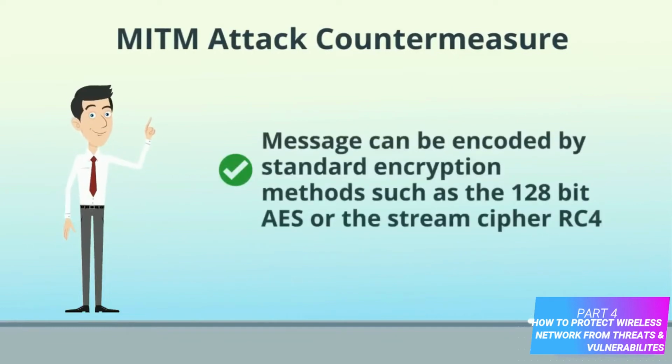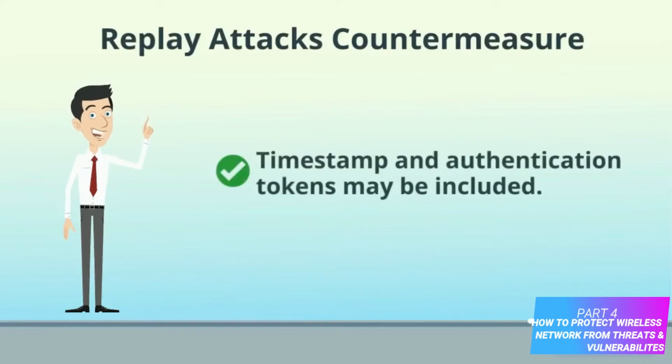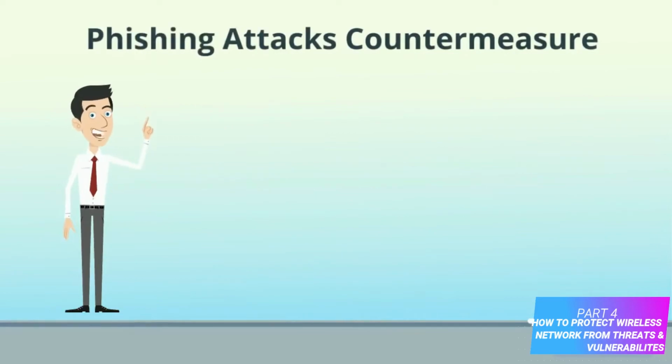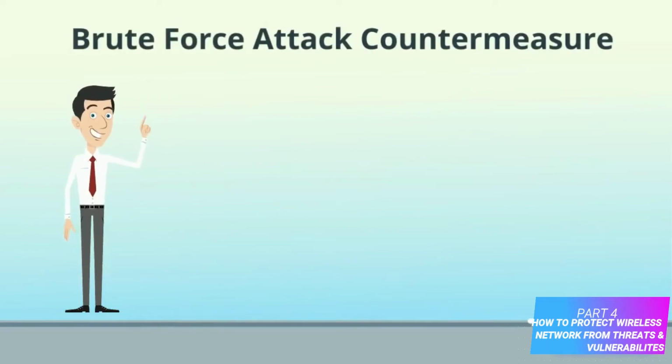MITM attack countermeasure. Messages can be encoded by standard encryption methods such as 128-bit or the stream cipher RC4. Replay attacks countermeasure. Timestamp and authentication tokens may be included. Phishing attacks countermeasure. Encrypted certificates may be used. Brute force attack countermeasure.